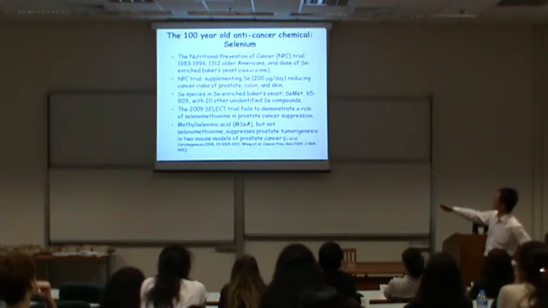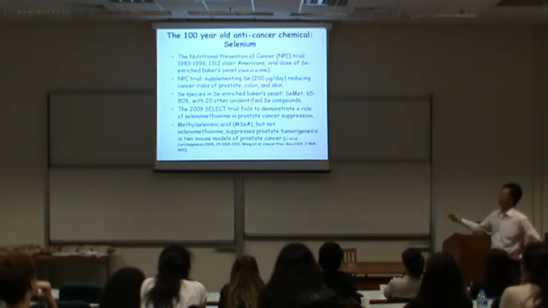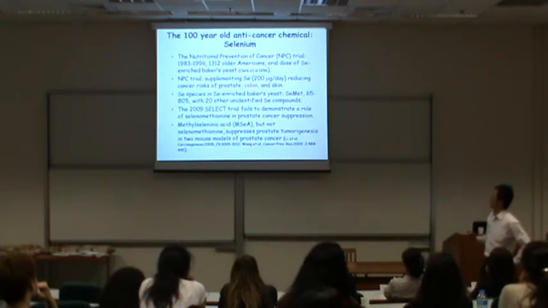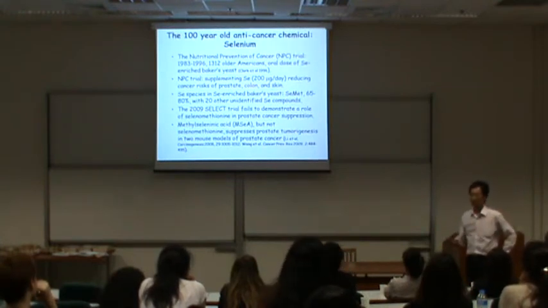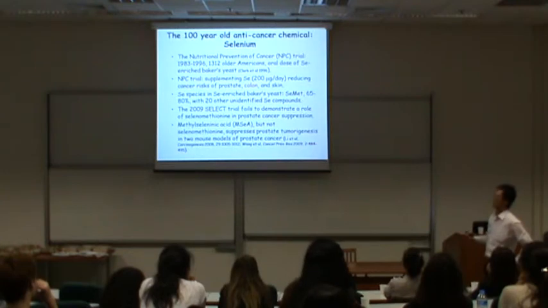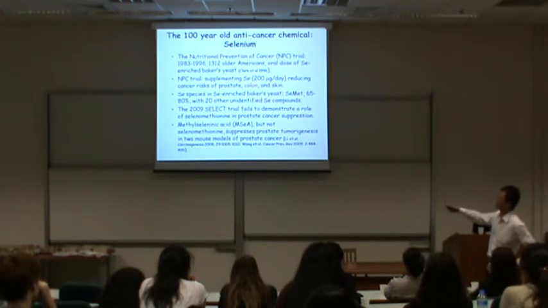Because the majority of the selenium compound in the yeast is selenomethionine, they used only selenomethionine and specifically looked at prostate cancer. They found selenomethionine does not prevent prostate cancer. So there must be something different between these two clinical studies.